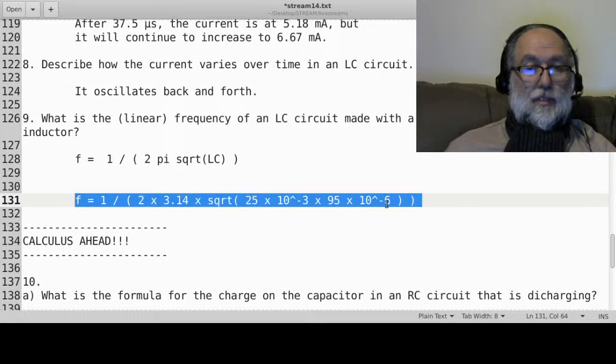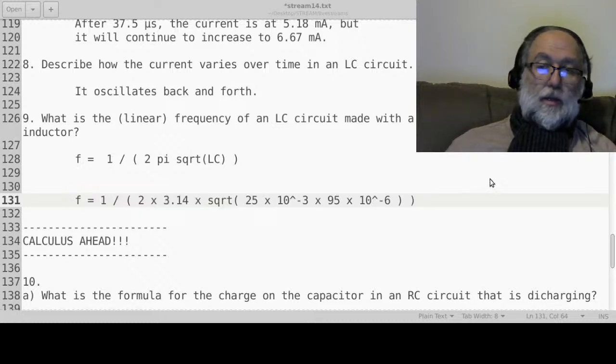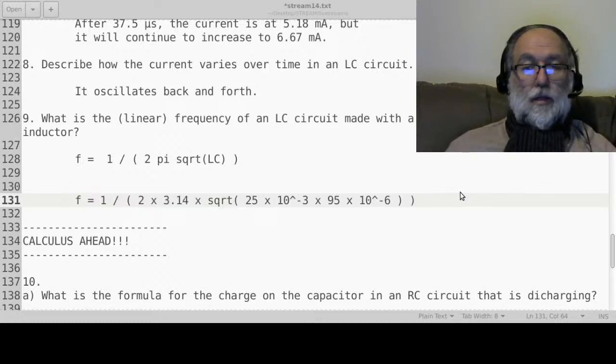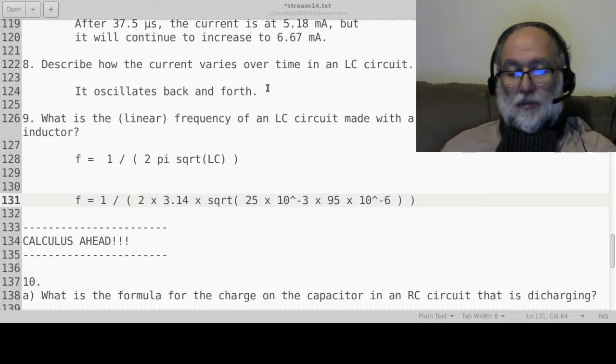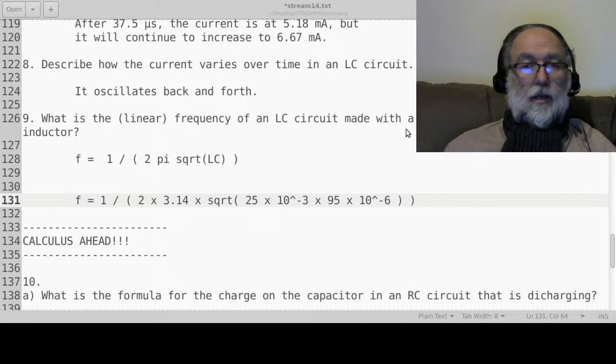All right, so let me see if I can calculate that. Is that going to work? It doesn't like something. What doesn't it like? Oh, I see what it doesn't like.